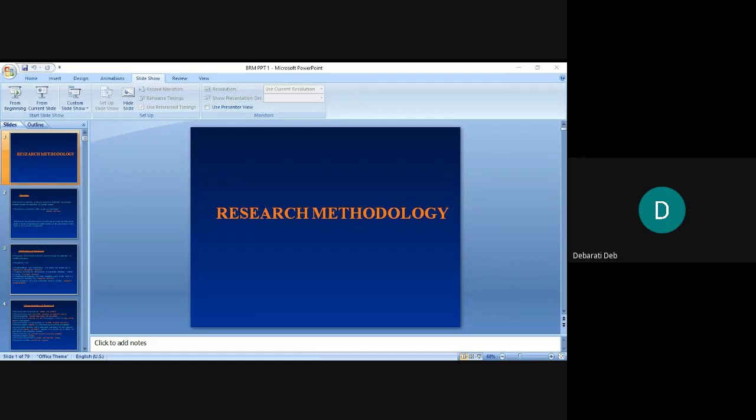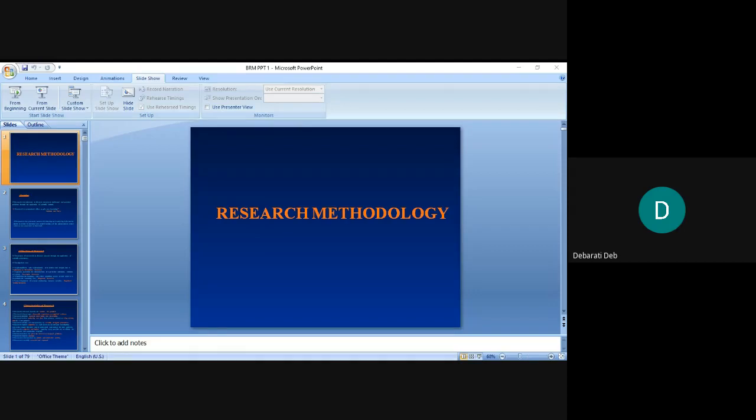Search for information. Whenever you're conducting research, you have to keep in your mind that you are searching for information. And you should never be satisfied with the information which you have searched. If you're not satisfied, then what will you do? You will search again for some better information, right?